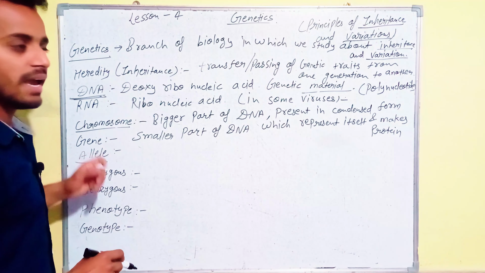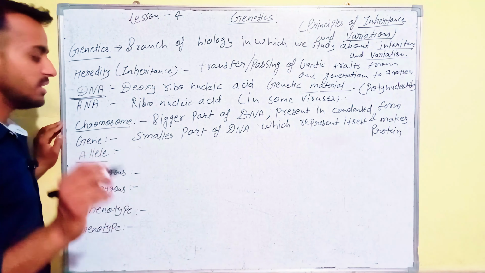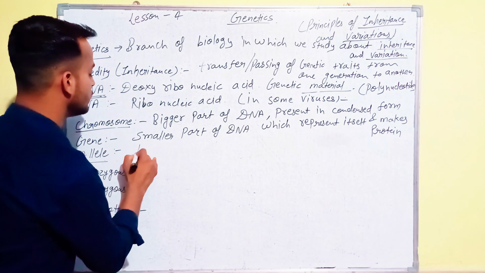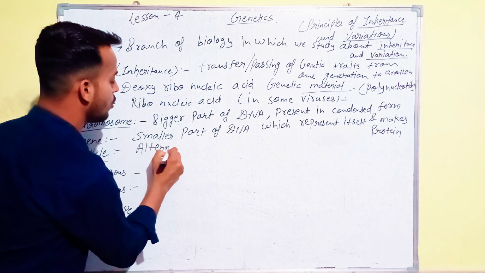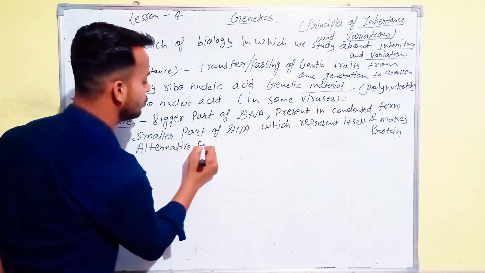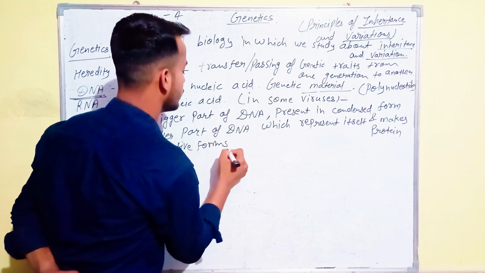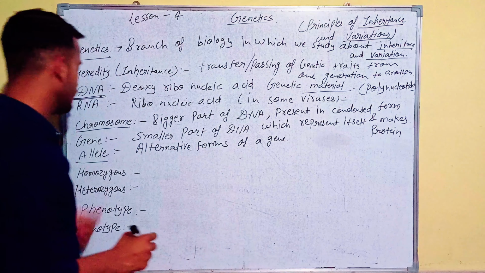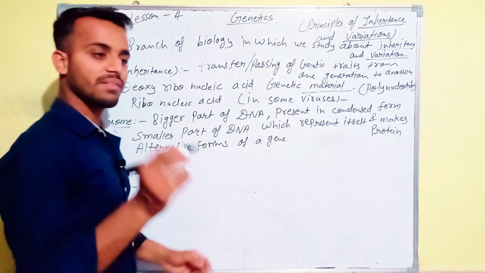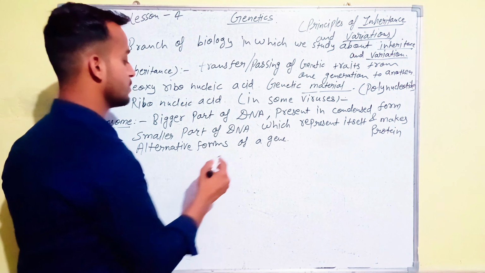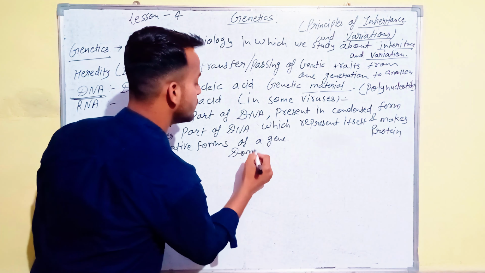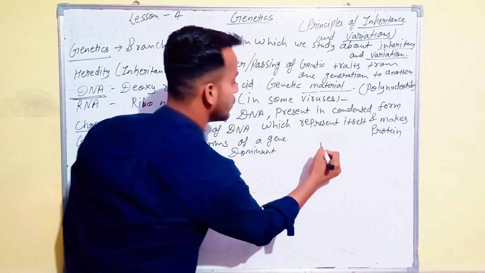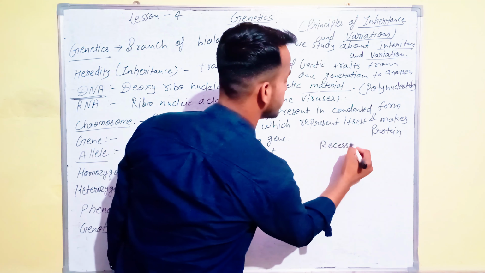The next point is allele. So what is an allele? An allele is an alternative form of a gene. Alleles are of two types, dominant and recessive.